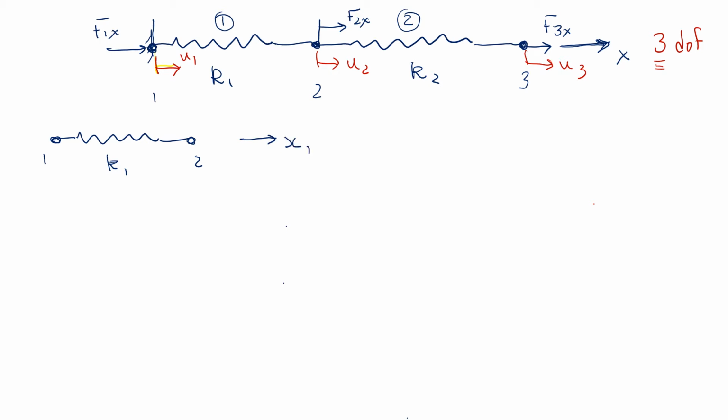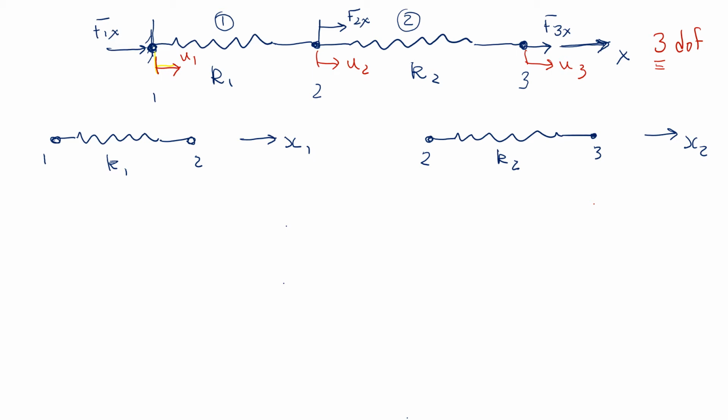And please note that in this case, the local axis is the same as the global coordinates, which makes things simpler because the local stiffness matrix is going to be the same as the global stiffness matrix for these elements. This is also true for element 2, which extends between node 2 and node 3 and has a stiffness K2. It has a local axis x2 that is aligned along the same direction as the global axis x.